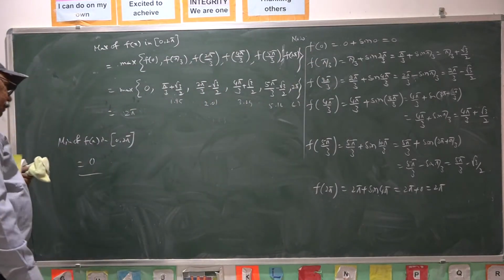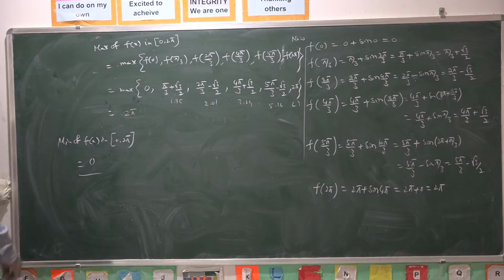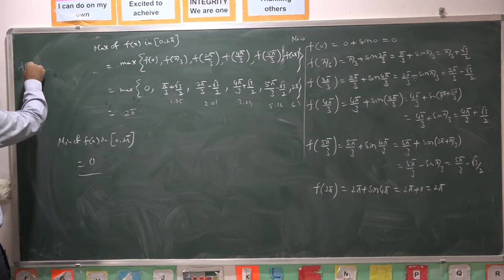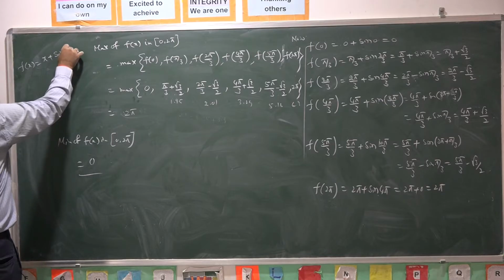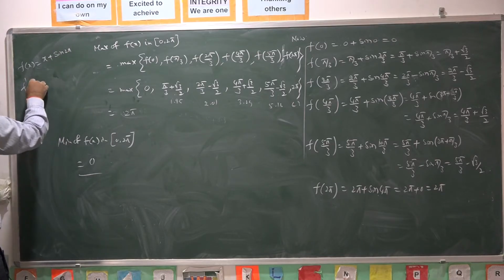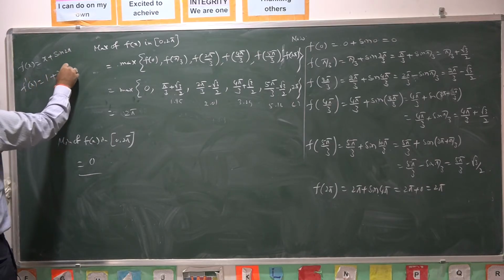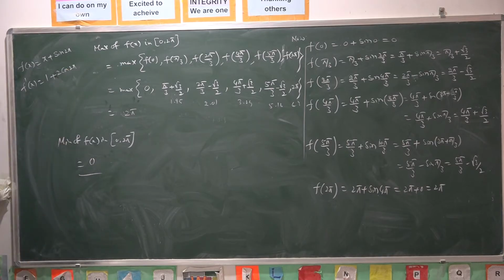Otherwise, one more method, the easiest method: the given function is x plus sine 2x. Taking the derivative, f dash x is 1 plus 2 cos 2x.